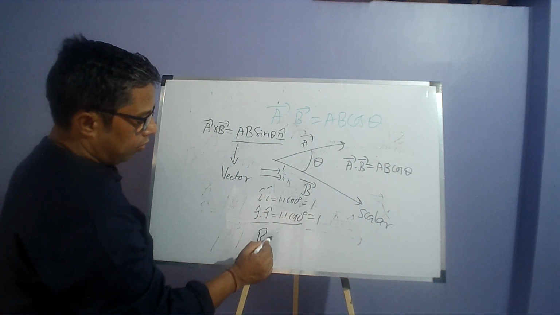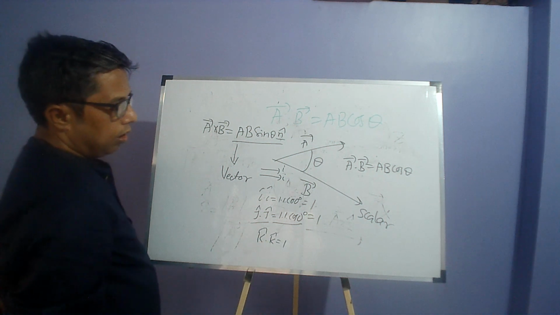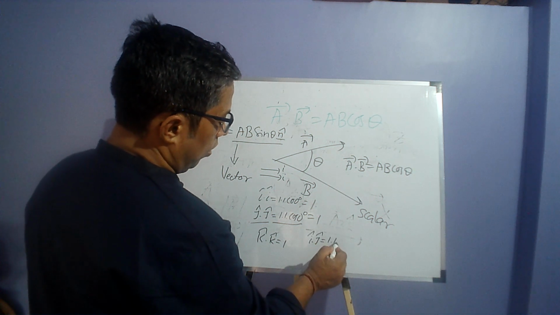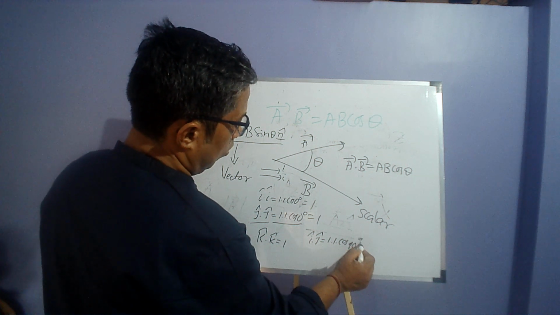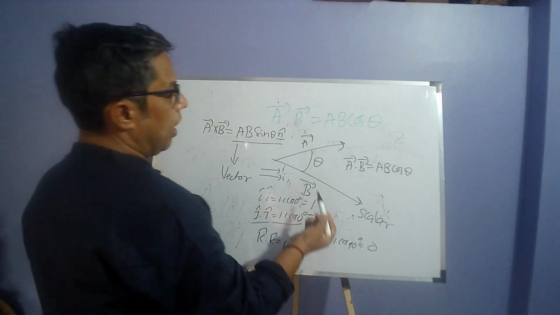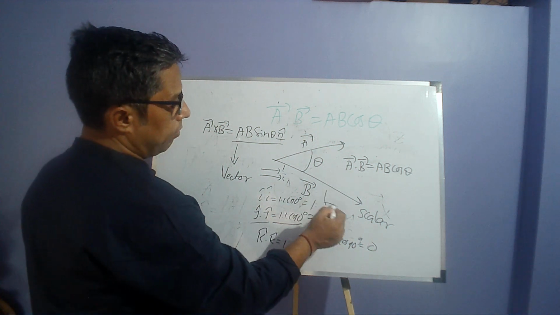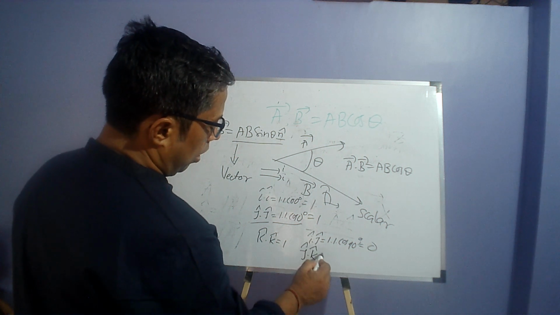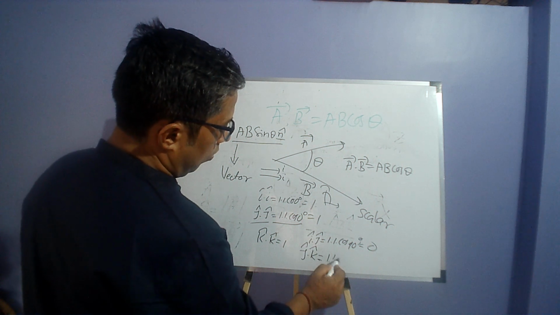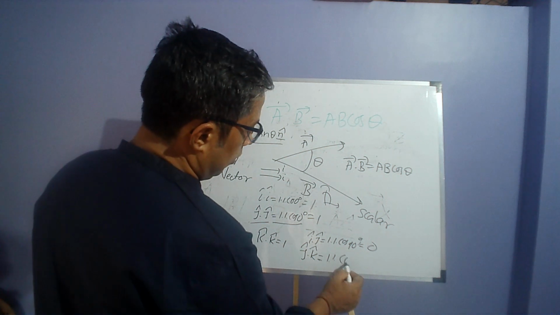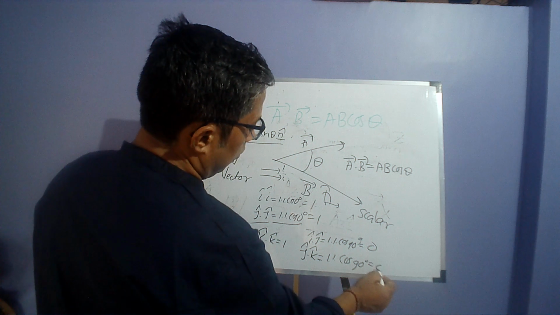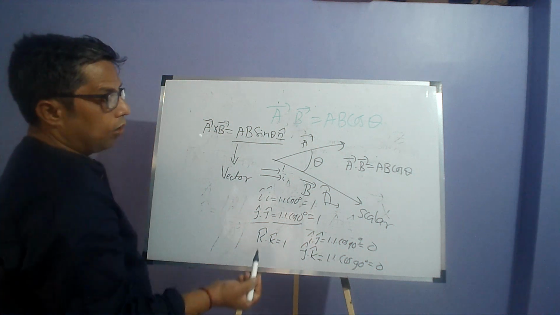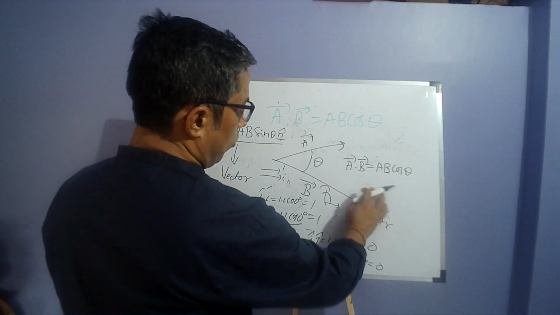Similarly, k dot k will be 1. Now, if I take i dot j, it will be 1 into cos 90 degree, which is 0, because i vector and j vector are perpendicular. Similarly, j dot k, the angle between them is 90 degree, so it will be 0. So the dot products like i dot j, j dot k will all be 0.